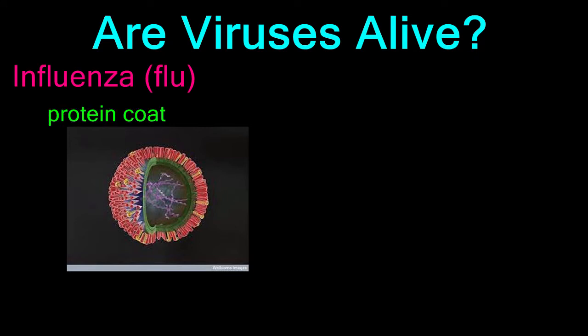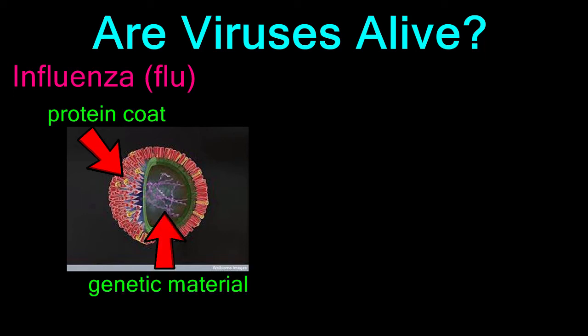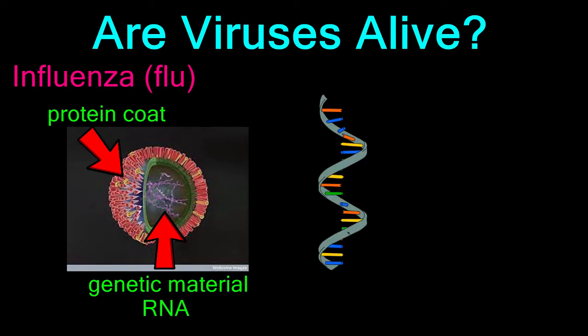You can see the protein coat, which surrounds the genetic material of the virus. The flu virus has RNA to carry its genetic information. On a microscopic level, RNA looks kind of like a spiral staircase. This RNA carries the instructions for building more flu particles.